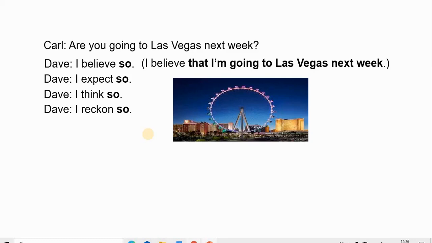So this obviously replaces I expect that I'm going to Las Vegas next week. I think that I'm going to Las Vegas next week. I reckon that I'm going to Las Vegas next week. Alright?